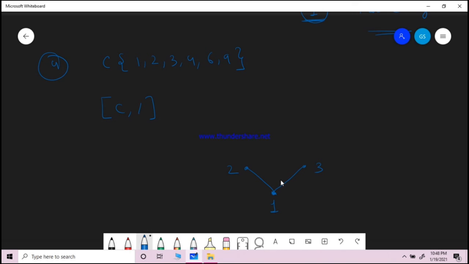Now what will be 4? 4 you can get by dividing by 2, and 1 also. The next element is 6, divisible by 2 and 3, and by 1 also. And then the last one is 9. So I have shown all the possible connections and I have avoided all the self loops and all the transitive edges. So this is the Hasse diagram.